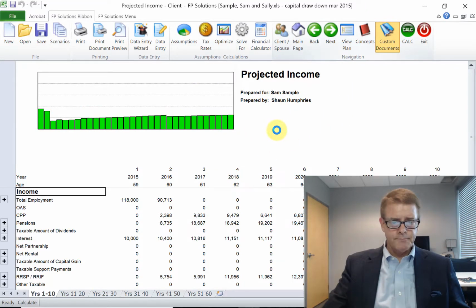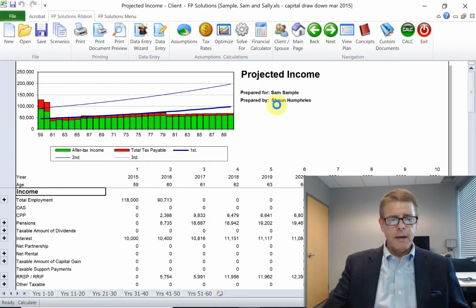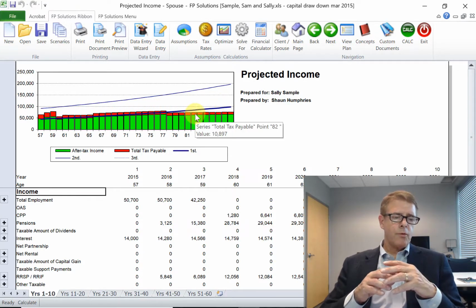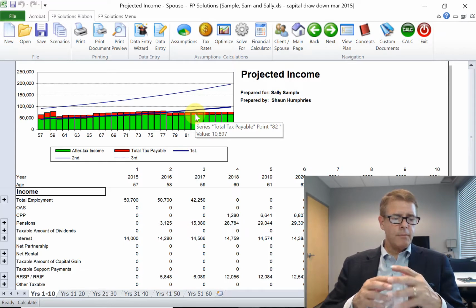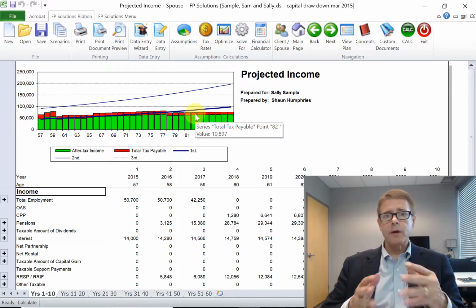So if we look at the other situation, which is Sally, and we look at her tax schedule, again, most of the income is taxed at the lowest tax bracket, but there are some minor inefficiencies. Now, the way we can get that income pushed down to the lowest rate is probably to adjust their lifestyle figures.